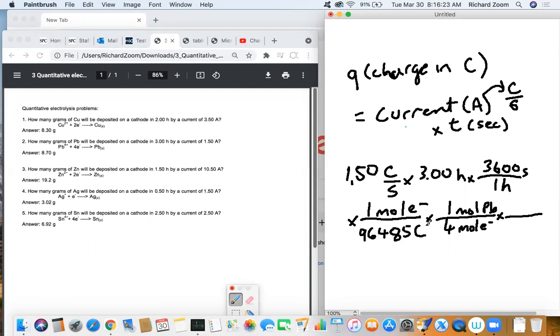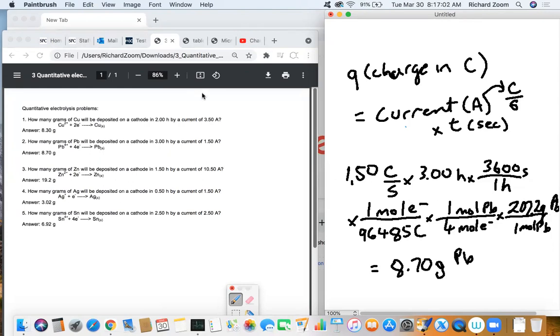I can't remember the lead off the top of my head. 200 point something? Yeah, 207.2. Thank you. That sounds right. 207.2 grams per 1 mole of lead. Anyway, once you've done all that, it comes out to be 8.70 grams of Pb.